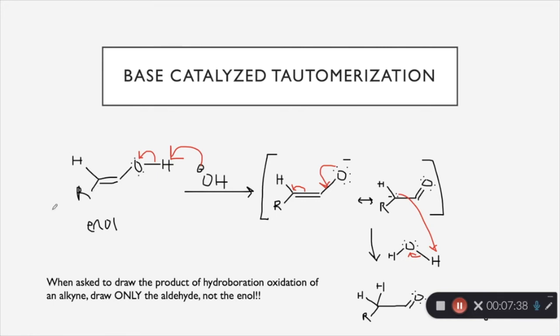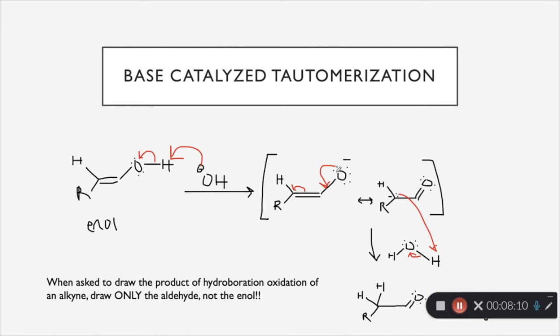We have the enol, which is the intermediate compound, and this is what, like I said, we would expect to see adding a hydroxide to the anti-Markovnikov position. But it doesn't stay like this. We use the hydroxide to grab that hydrogen, and this is why it's called base-catalyzed tautomerization, because this base starts out the process. The base grabs the hydrogen, donates its electrons back to the oxygen, and then we have a resonance stabilized intermediate here.